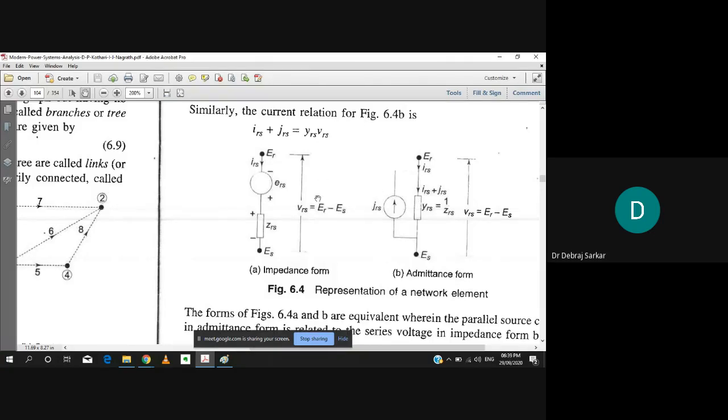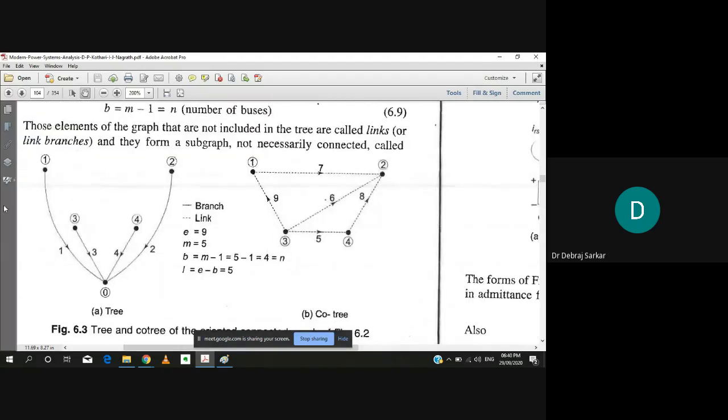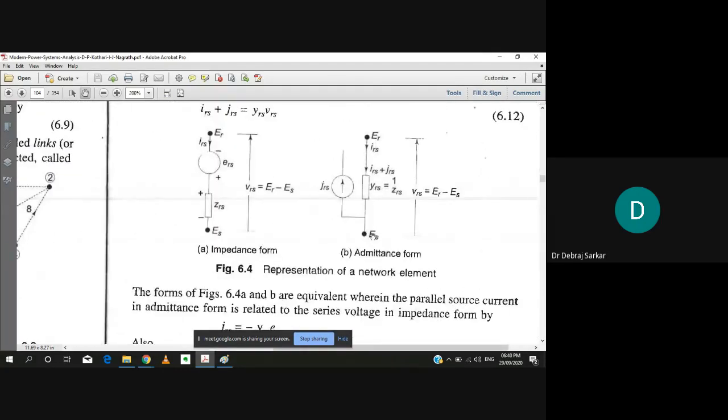You have done source transformation in your circuit analysis, so you can transform the voltage source and resistance to a current source and admittance. But in our power system, we normally use the current source and admittance. So let us assume that all the elements of the graph have this kind of a circuit.